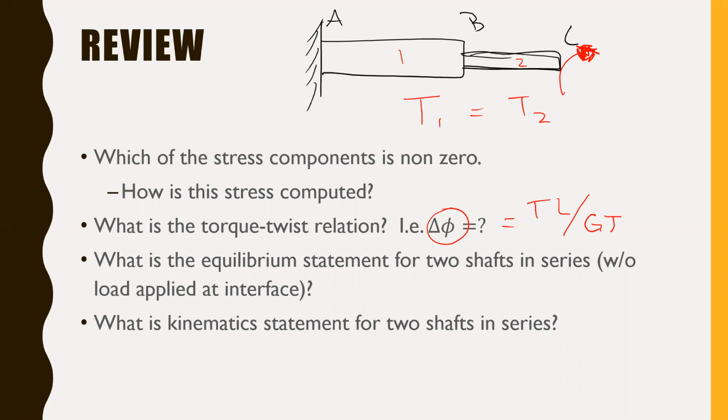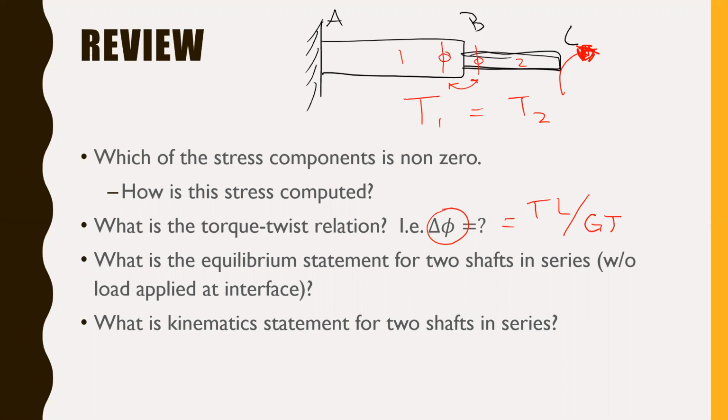And what is the kinematic statement for these two shafts? What do we know about the way they displace? Right, so this angle phi, our angle of rotation on the left side and the right side of the interface, has to be the same, assuming that those two members are solidly connected and there's not any slippage between the two.